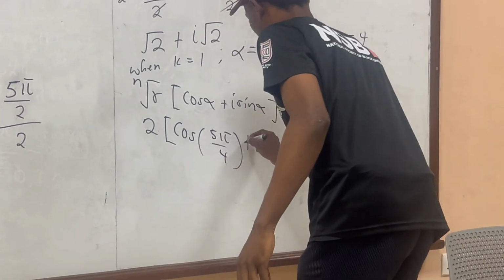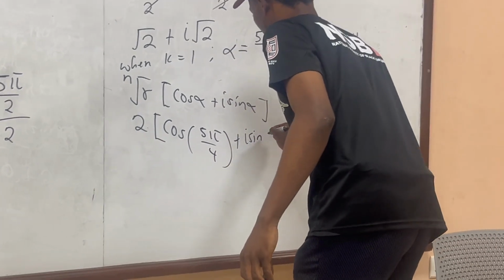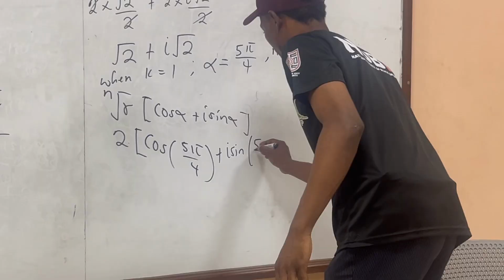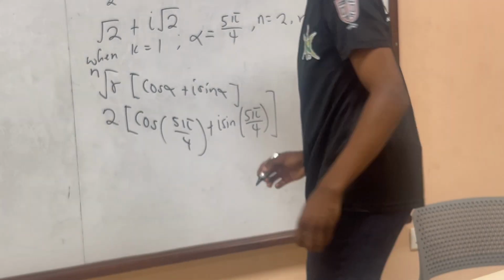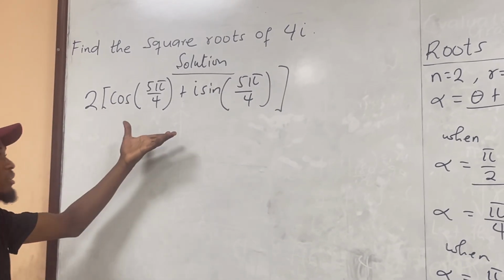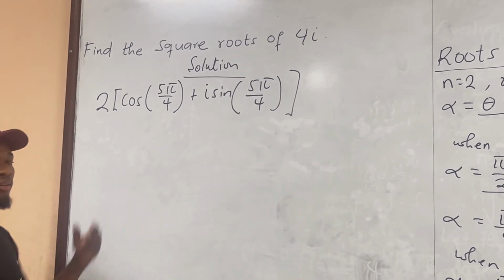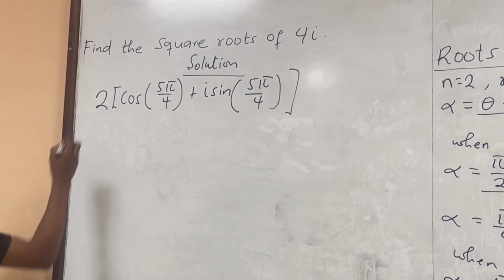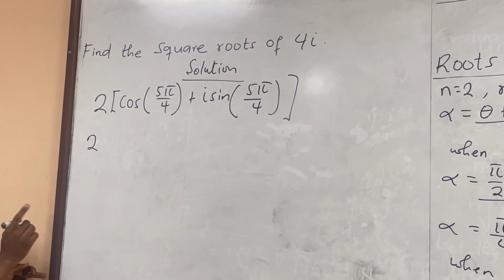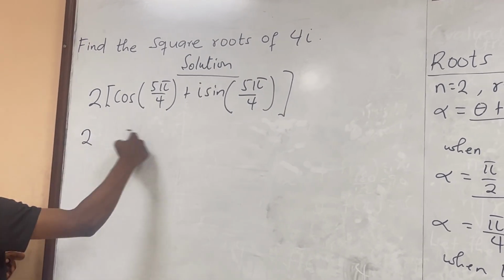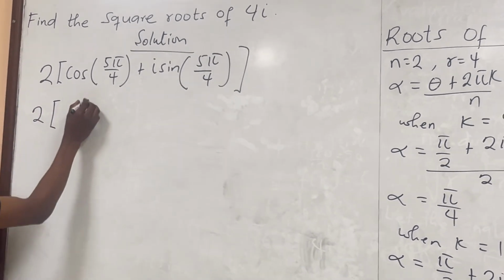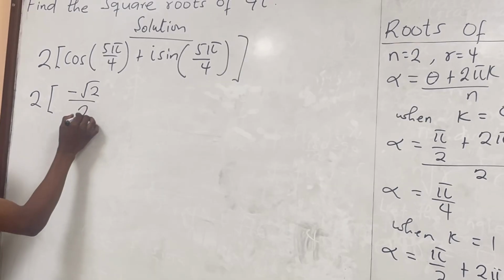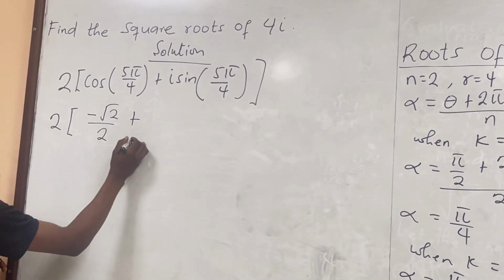Then plus i sine 5 pi on 4. Viewers, this is what we have. We are working in radians. So when you compute this using your calculator, you will get negative root 2 on 2.